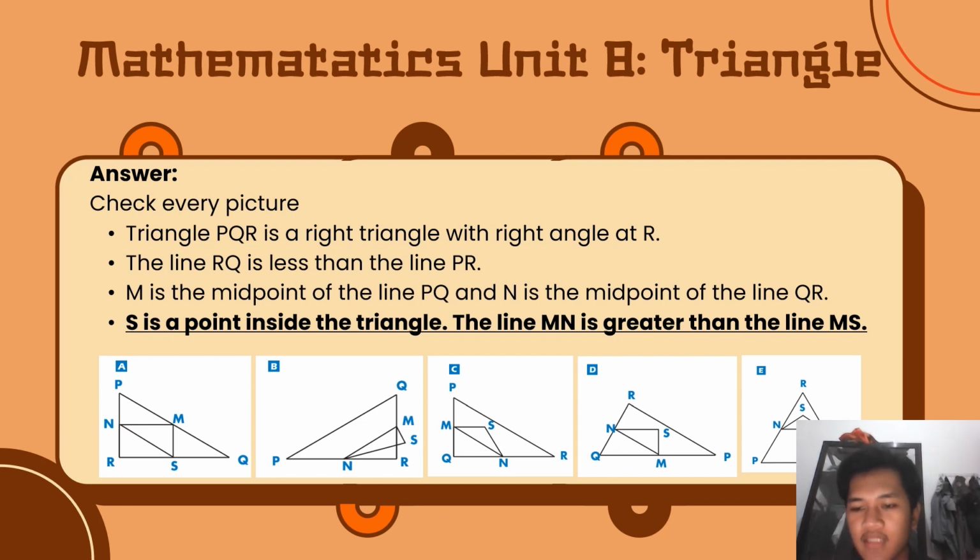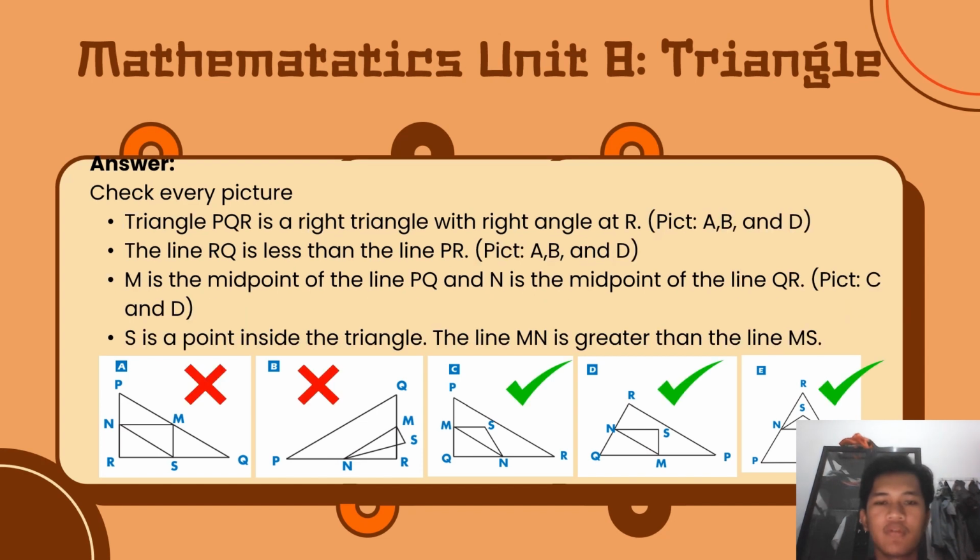And then the last, picture E, is right because point S is inside of the triangle and line MN is greater than line MS. So picture E is correct. These are the answers for the last description.